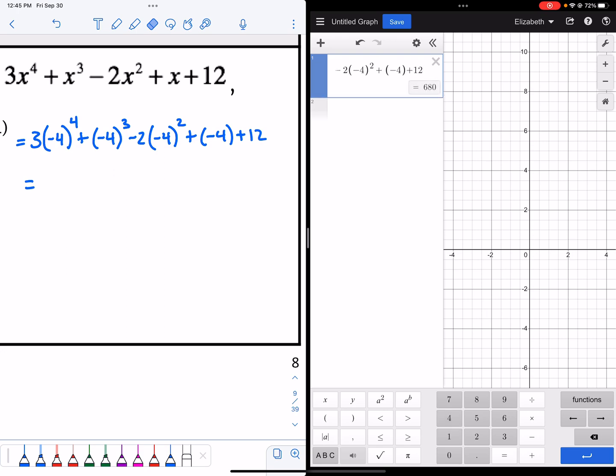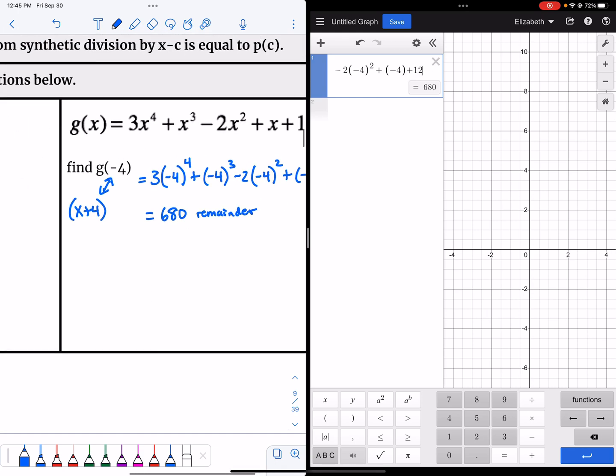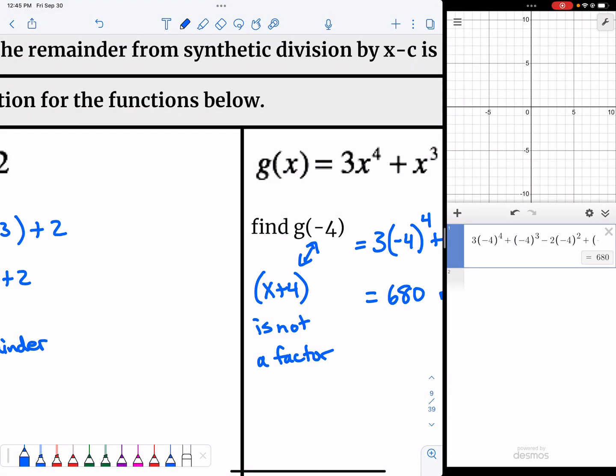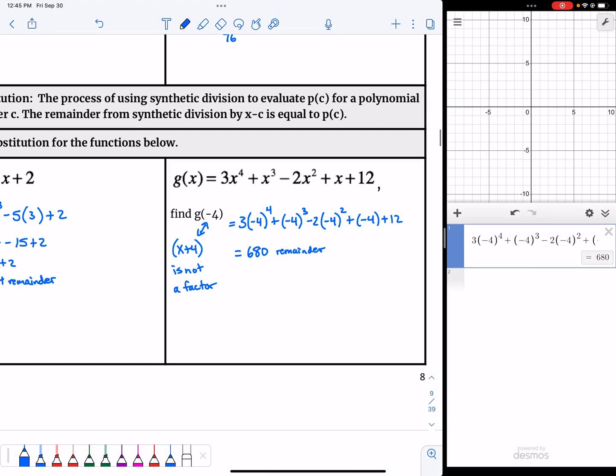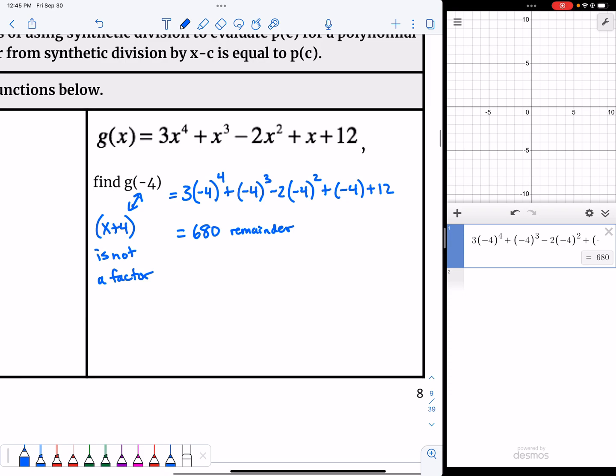So I get 680. So that would tell me that is the remainder. If they ask me what the remainder is, that's a quick way to find it. And I also know that x plus 4 is not a factor if they had asked me that question, or if they say something like, what does this tell you? That's what it tells you. 680 is the remainder, and x plus 4 is not a factor. Okay, so that's it for now.